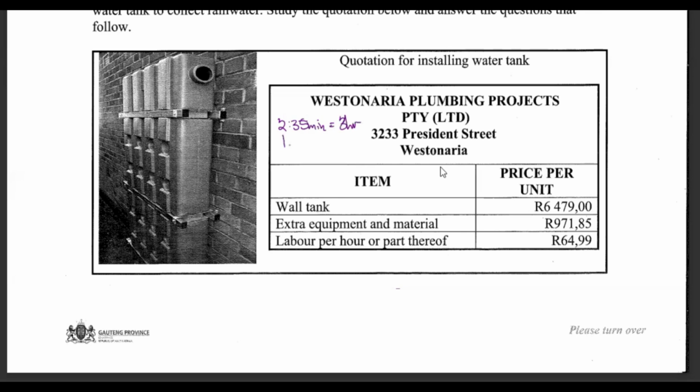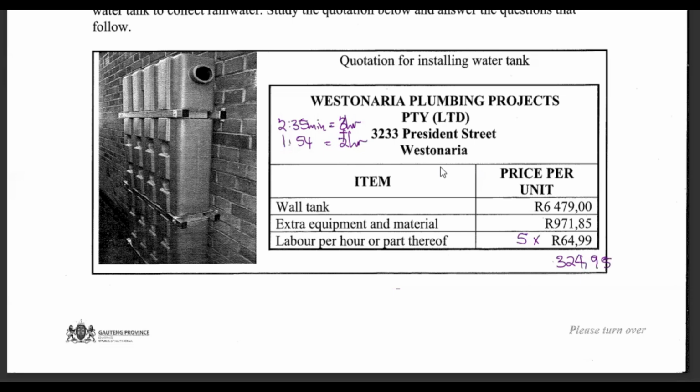And on the second day, it's going to take 1 hour 54 minutes, which is 2 hours. So all in all, he has to pay for 5 hours. So we shall come here, we multiply this by 5. All right. So let's find out. When you multiply by 5, which is 5 hours, 64.99 times 5, we have 324 rands 95 cents.